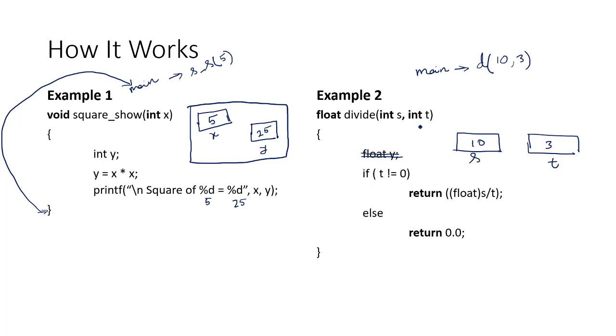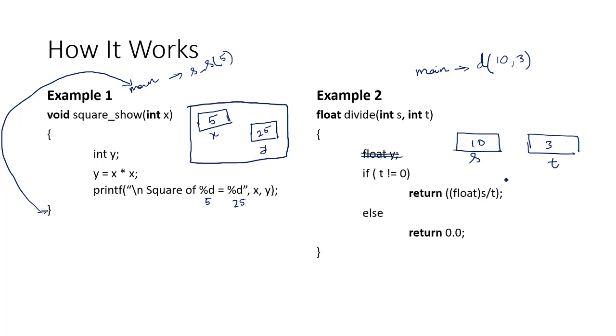Now we are checking whether t is equal to 0 or not. As t is not equal to 0, because the t value is 3, it will typecast s, that is 10, into a floating value and divide that by t.